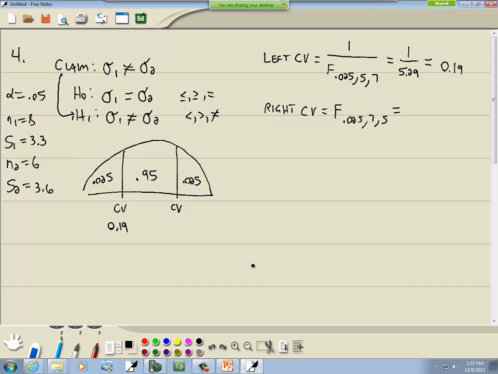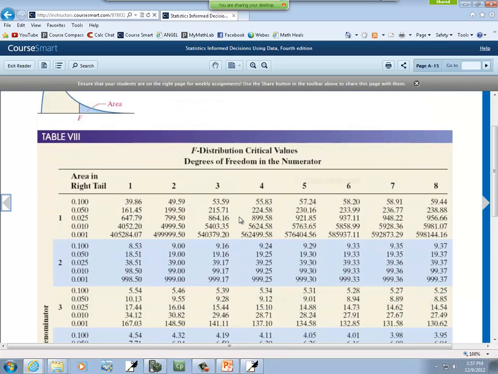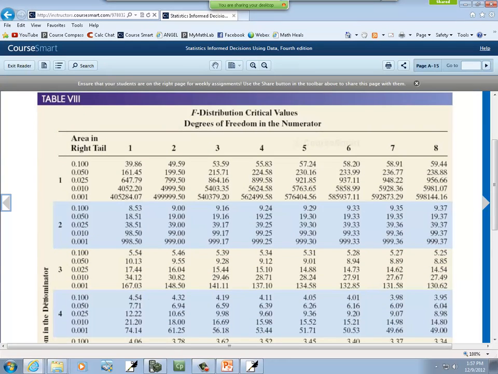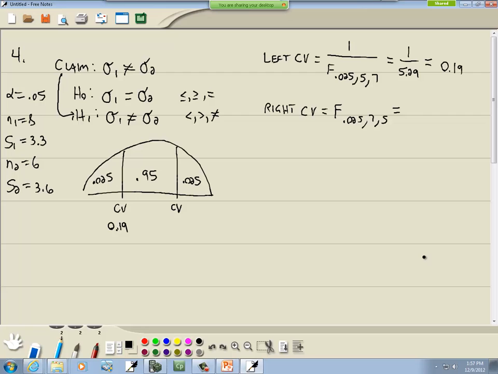So let's look that up. So we got 7 and 5. So I want 7 across the top and 5 across the side. So I'm looking in this column, and going down to the 5s. And I think we're looking at 0.025 again. So 6.85. So that would be this critical value.